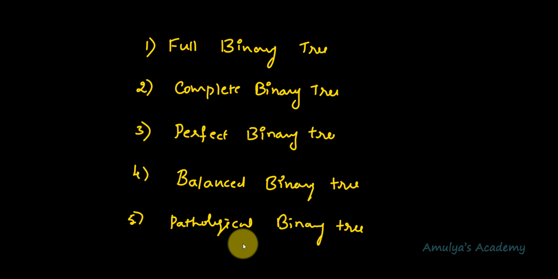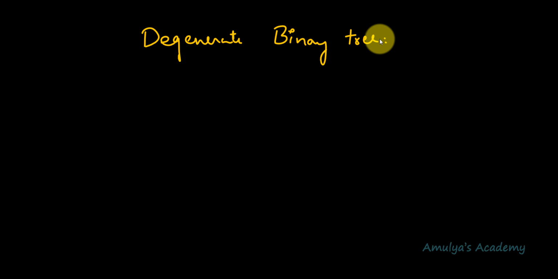And let's move on to the last type, that is the pathological binary tree or degenerate binary tree. It is also called a degenerate binary tree. A degenerate binary tree is a binary tree where every parent node has only one child node. Simple, right? Every parent node has only one child node.